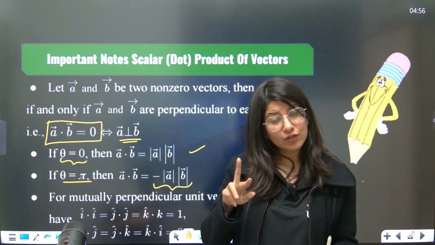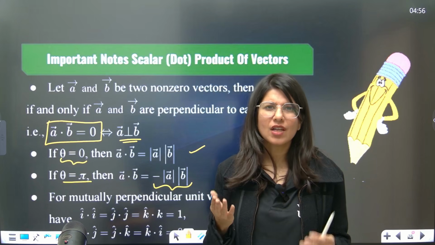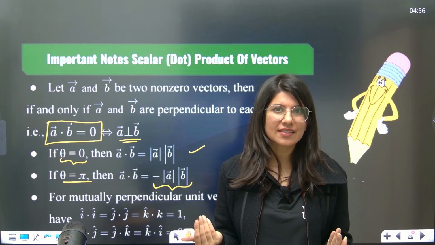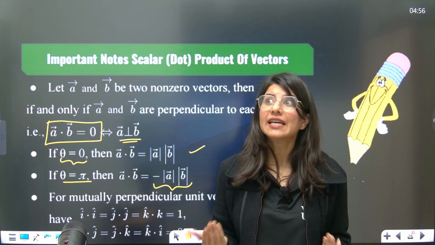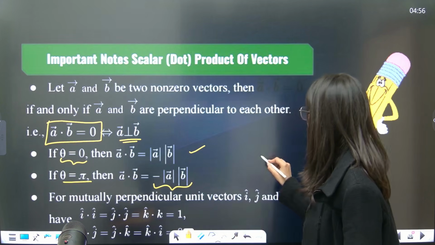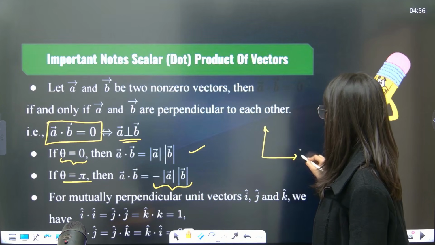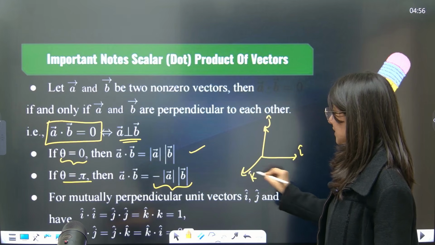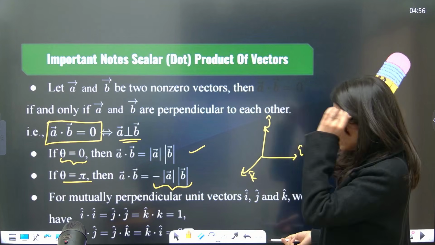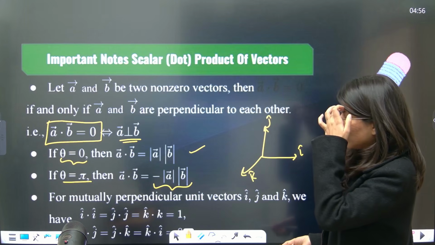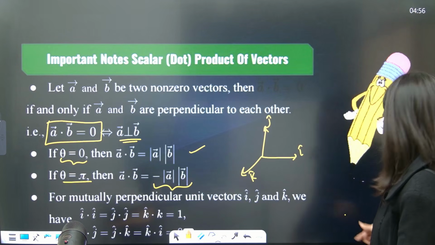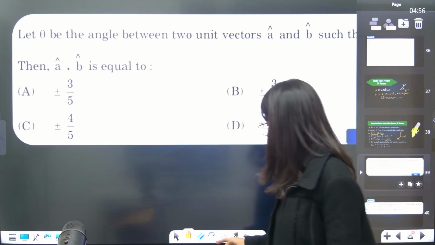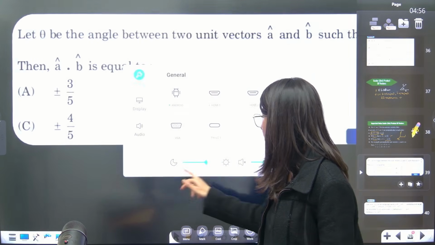But if you do the cross thing, I dot J: I cap is the unit vector along the X axis, J cap is the unit vector along the Y axis. So obviously I dot J will be 0, perpendicular vectors. J dot K will be 0, K dot I will also be 0. So point to be noted. And in this manner, we are going to start with the questions part now.